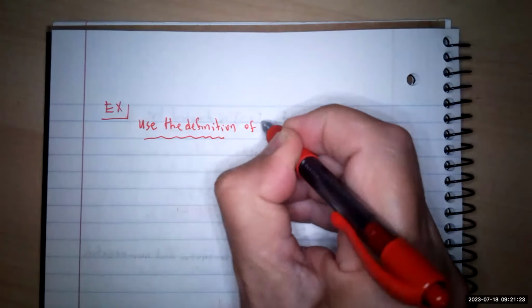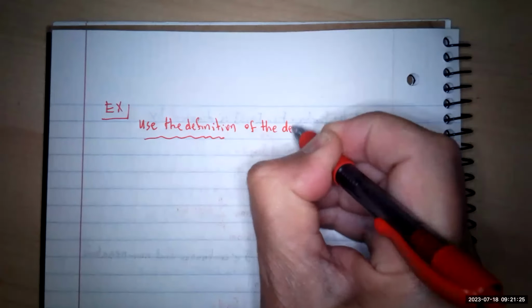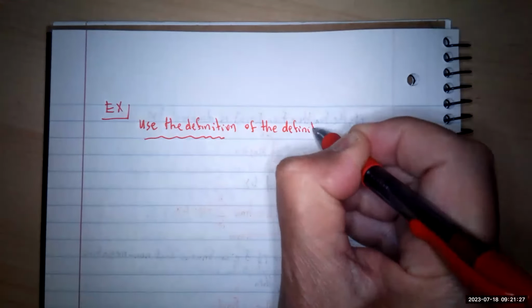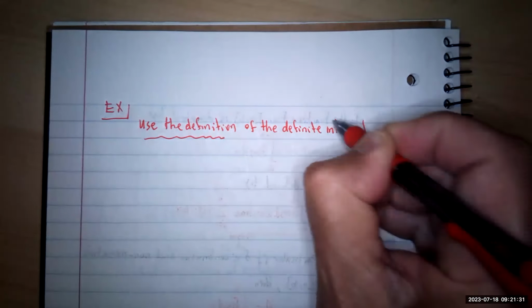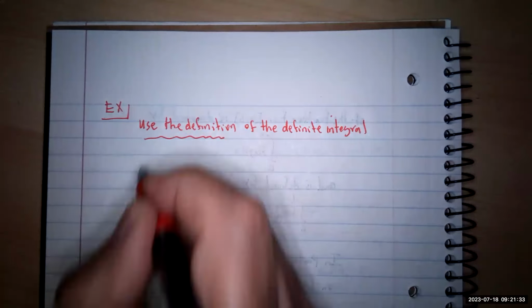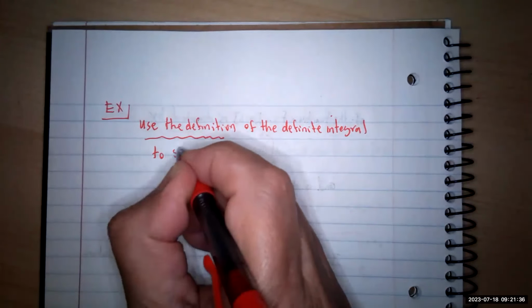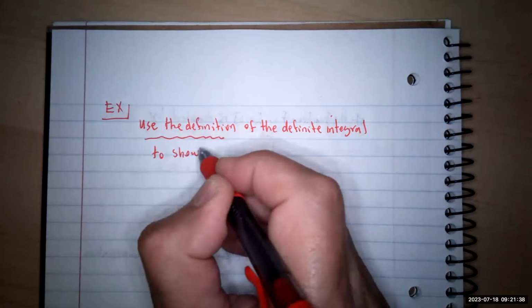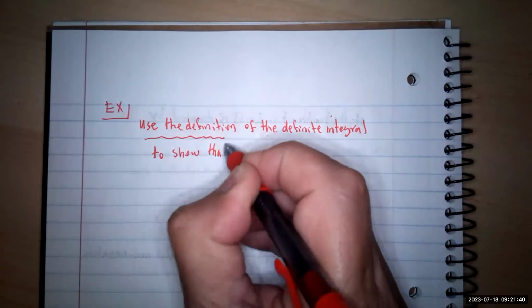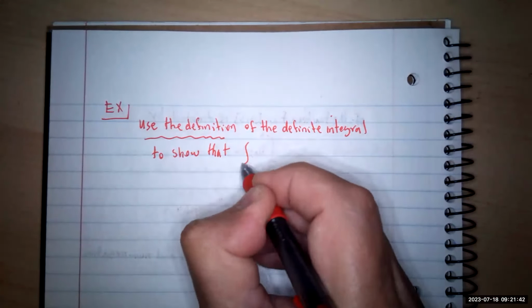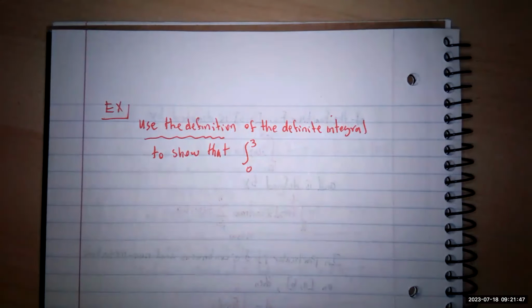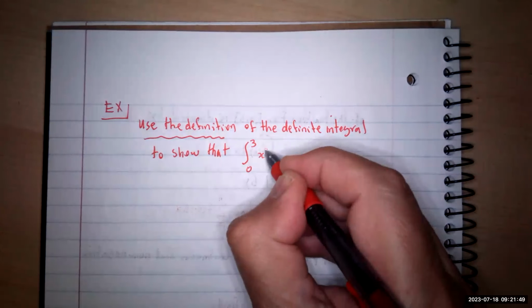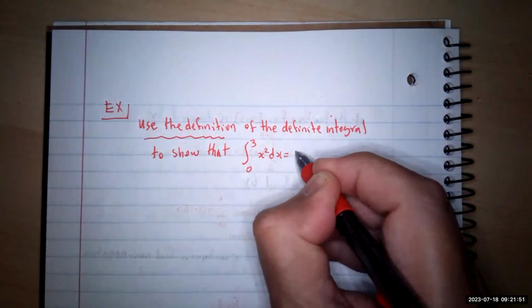Okay, use the definition of the definite integral. That partitioning one. To show that the integral from 0 to 3, see that's a definite integral, now you know it, of x squared dx is equal to 9.